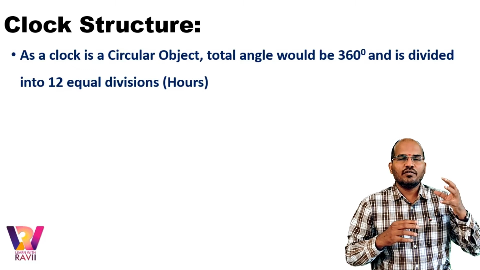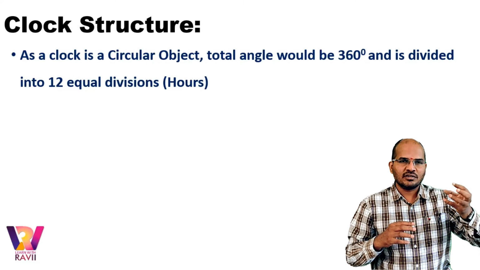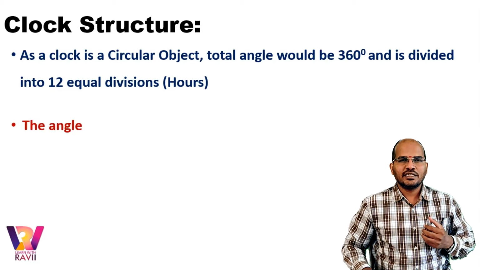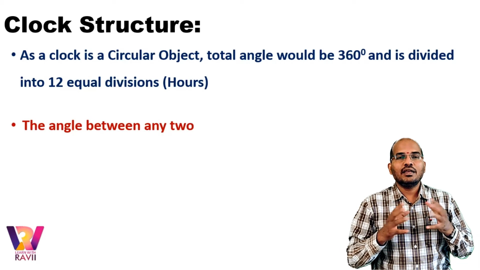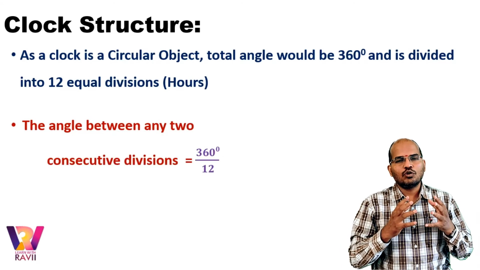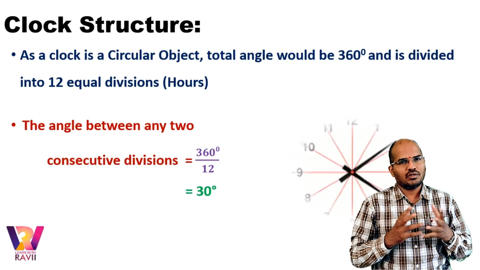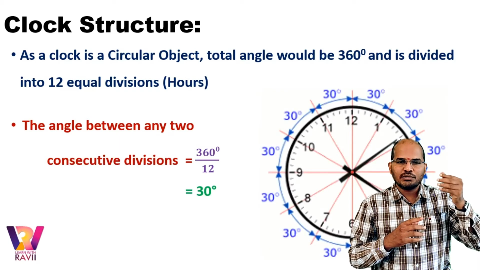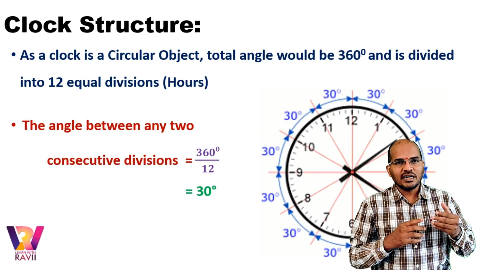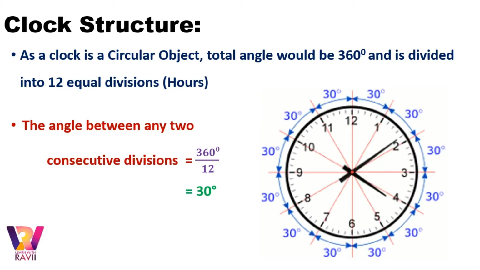When we have 12 equal divisions and the total angle is 360 degrees, the angle made between any two consecutive divisions is 360 degrees by 12, that is 30 degrees. In the figure you observe that the angle between 1 and 2, 2 and 3, 3 and 4, 4 and 5 and so on, the angle between any two consecutive divisions would be 30 degrees.